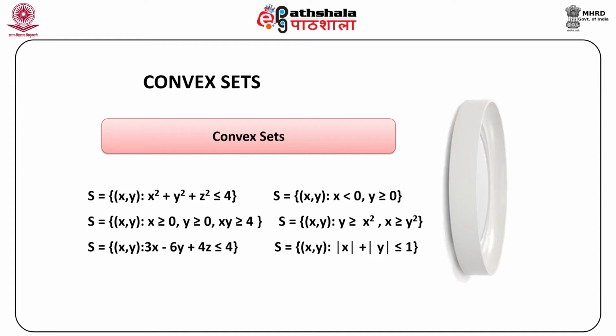S = {(x, y) : y ≥ x², x ≥ y²}. S = {(x, y, z) : 3x − 6y + 4z ≤ 4}. S = {(x, y) : |x| + |y| ≤ 1}.